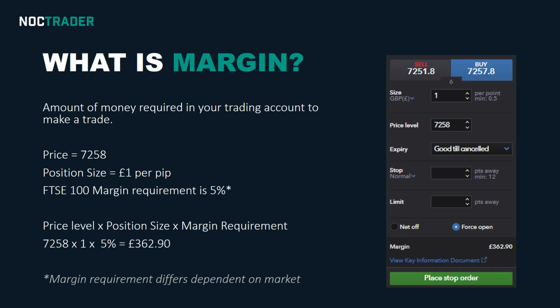So as you can see here, £362.90 is 5% of the price, which is 7258.